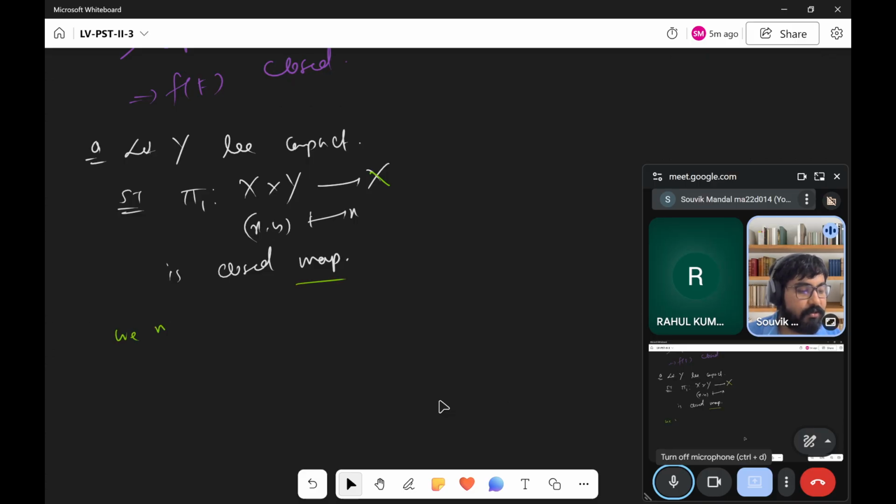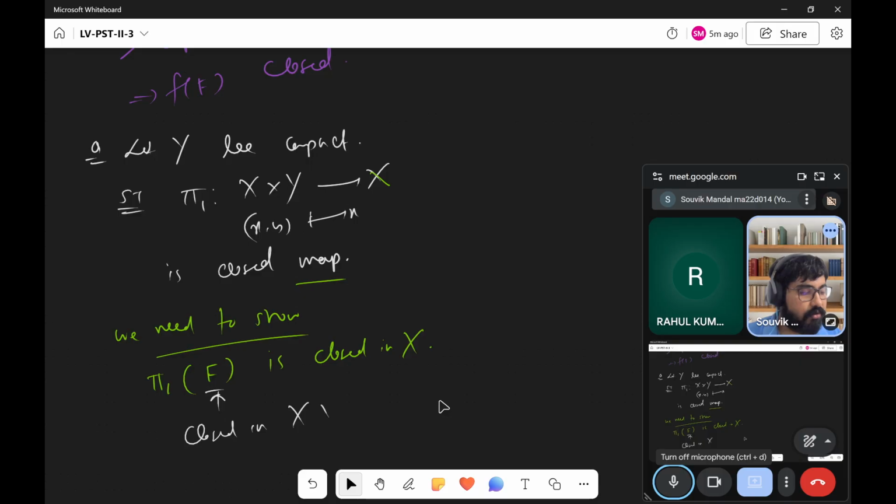Basically we need to show that pi 1 of any closed set F is closed in X, where F is a closed set in X cross Y. So closed map means it sends a closed set to another closed set.